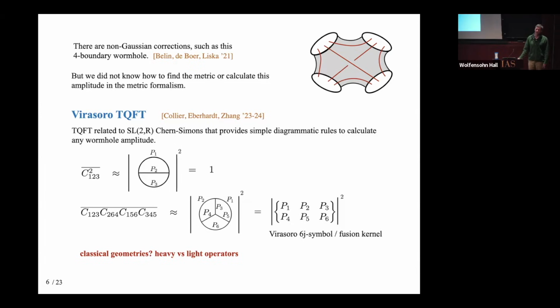That becomes a difficult question when you phrase it in this way. In particular, in Virasoro TQFT, there's no difference between the TQFT calculation for heavy operators and the calculation for light operators. Although if you try to formulate this in the metric formalism, it's going to be very different.